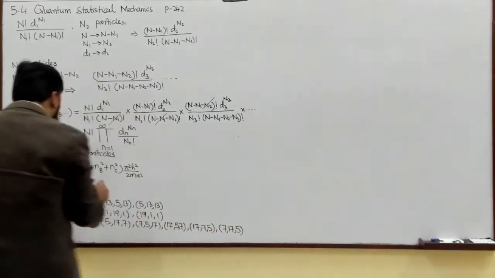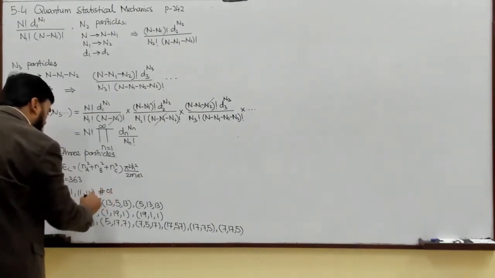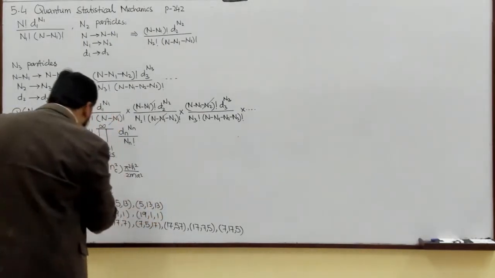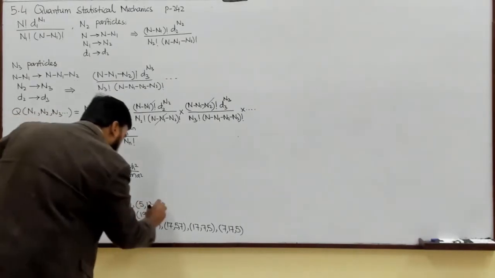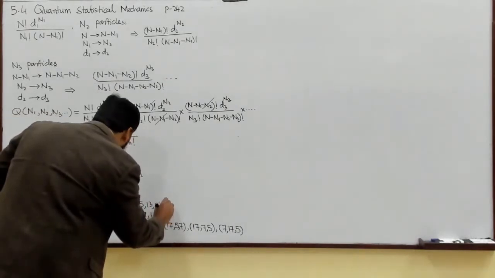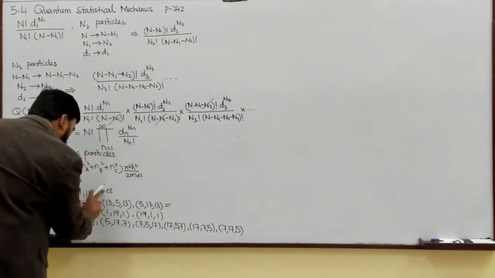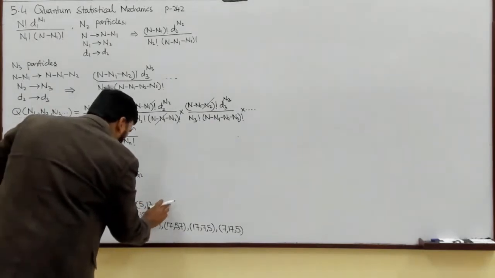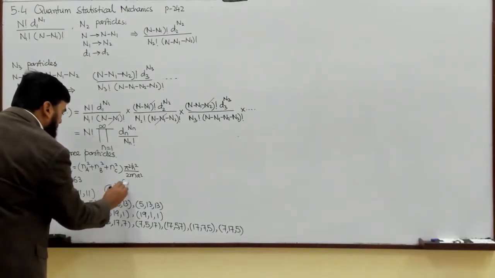So we remember that one configuration can be arranged in one way. This is actually our Q value.